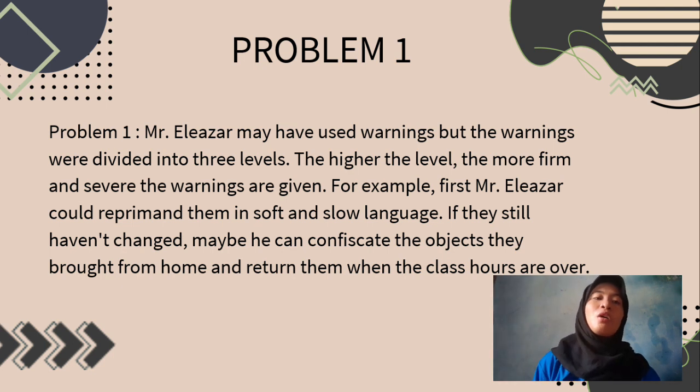For example, first, Mr. Eleazar could reprimand them in soft and slow language. If they still haven't changed, maybe he can confiscate the object they brought from home and return it when the class hours are over.